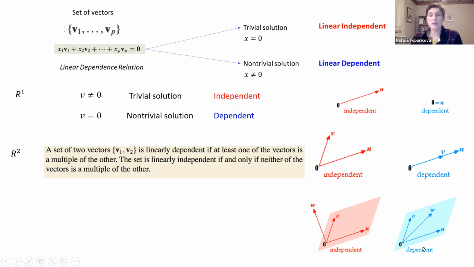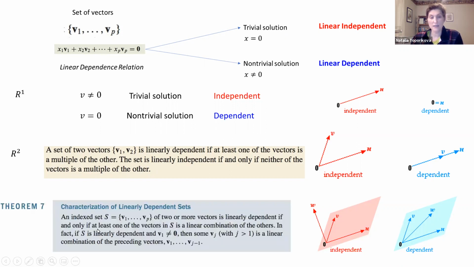Again, we can use the definition of span and say that a set of linearly dependent vectors will have the same span, or we can use the definition of linear combinations and say that one of the dependent vectors will be equal to a linear combination of the two others. And independent vectors do not lie in the same plane.